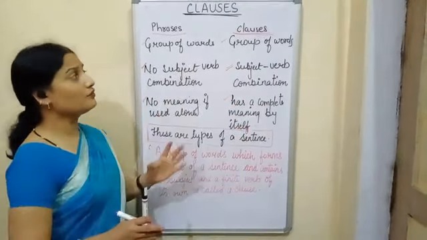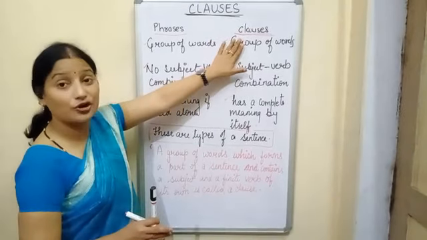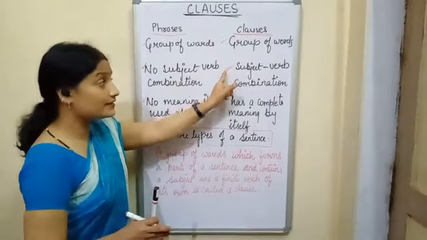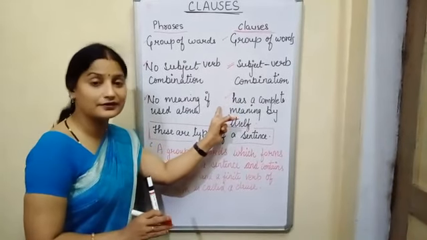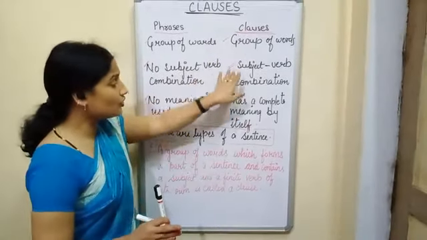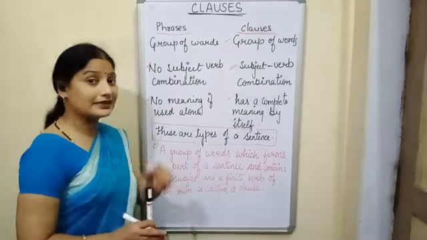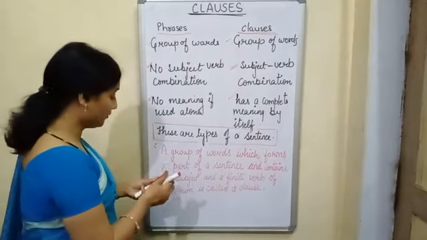Now see what we have got till now. It is a group of words. It has a subject-verb combination. And if it is used alone, it should have some sense. Now, including all these three points, see what definition we can frame.